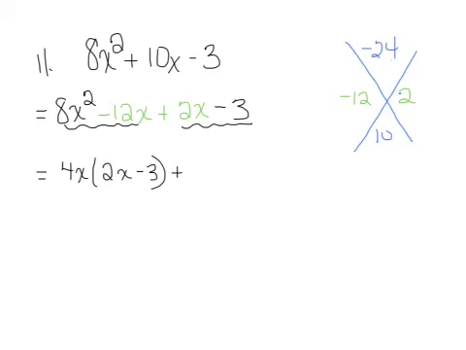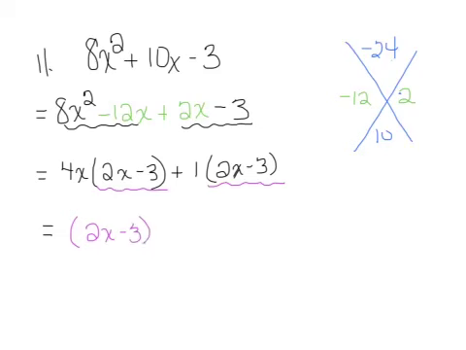And the next group, they have nothing but a 1 in common, and that leaves us with a 2x minus 3 also. Now that the parentheses are the same, I can factor out the common factor, which is 2x minus 3, and I'm left with 4x plus 1.